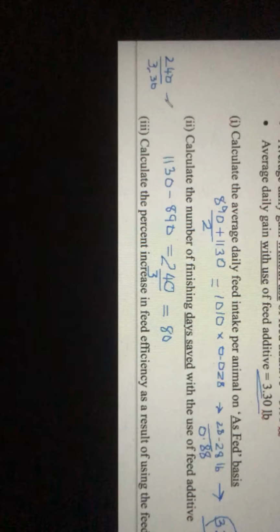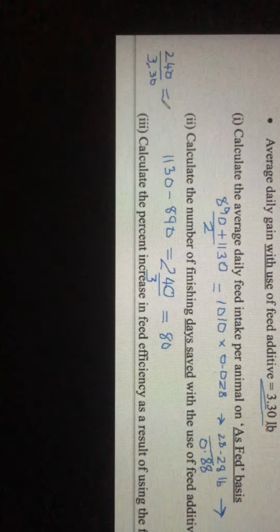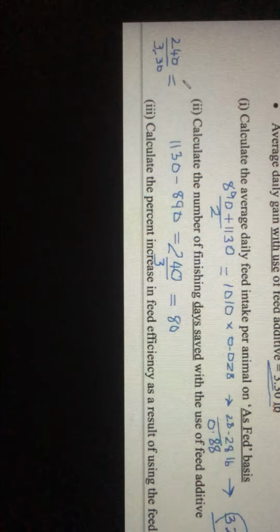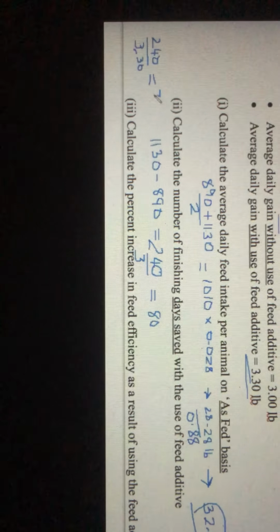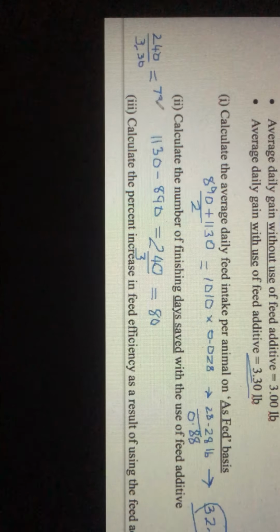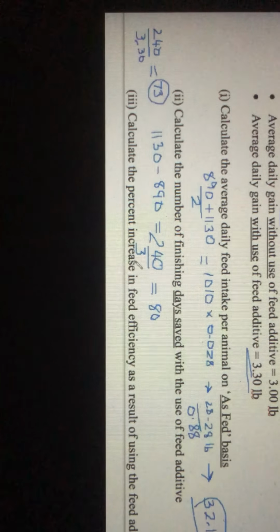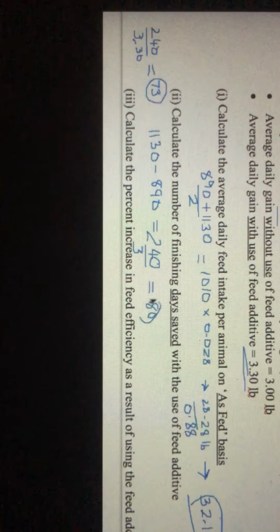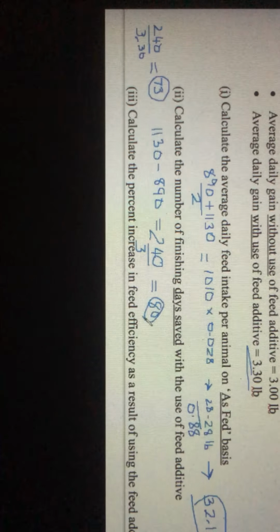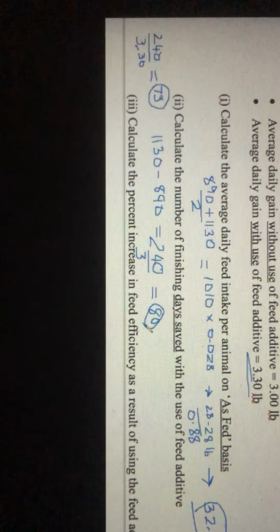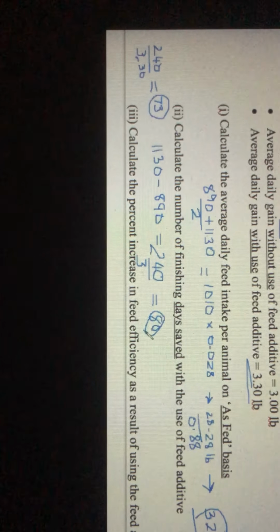I think I have 240 divided by 3.3 is 72 days, 73 days. So 80 compared to 73, when you use the feed additive, the animals will leave the farm almost a week earlier. They will be finished ahead of time.